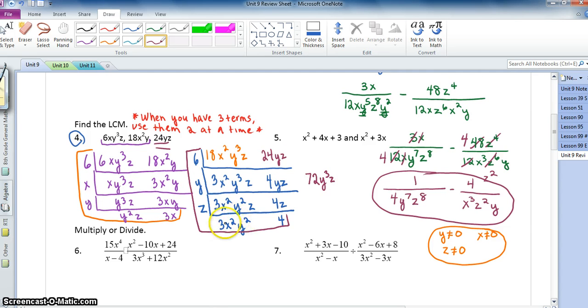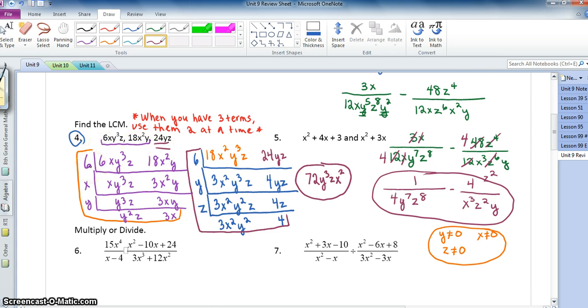I have this x squared here, which also has nothing to combine with it. It'll stay x squared. Let's just make sure I have everything. The numbers are multiplied to give me the 72. The y's are taken care of. Z is taken care of. And then that x squared is taken care of. Perfect. I stop right there. That is the least common multiple of all three of those terms.